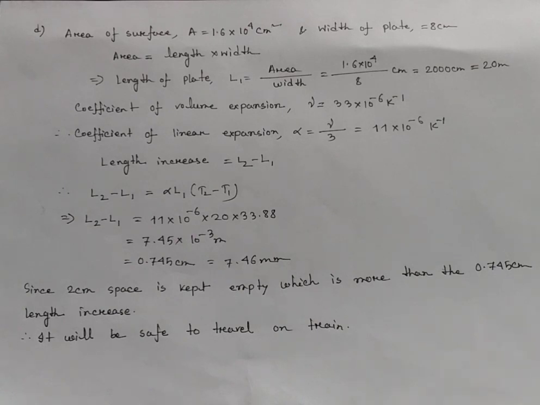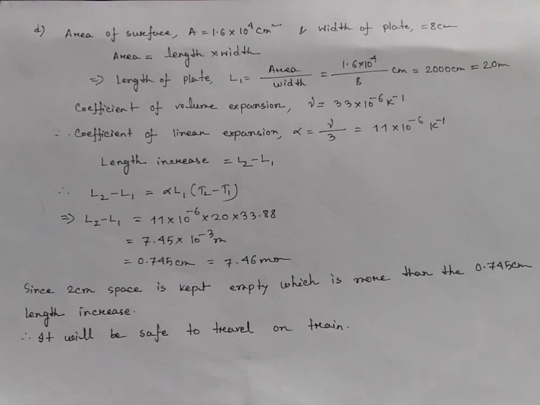And in our question, the coefficient of volume expansion, gamma, is given as 33 × 10^-6 per Kelvin. There is a relation between the coefficient of volume expansion and the coefficient of linear expansion, and that is alpha equals gamma divided by 3.